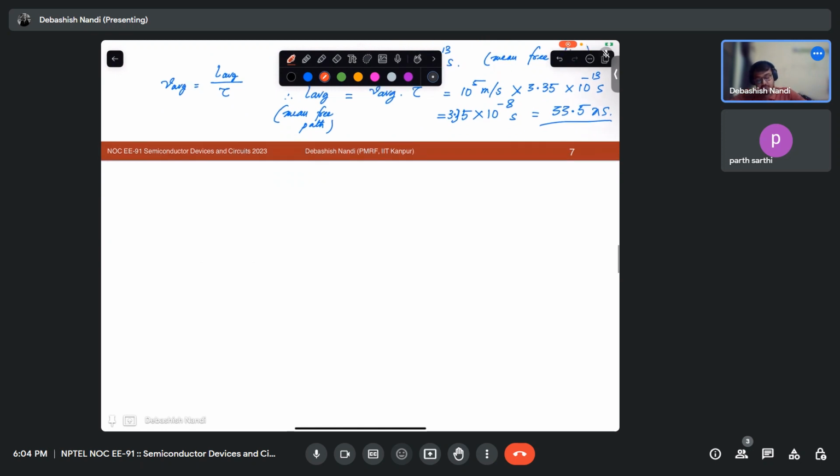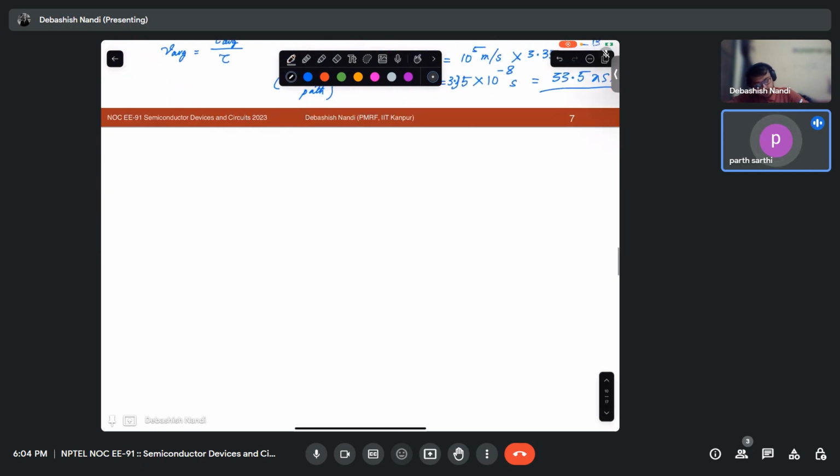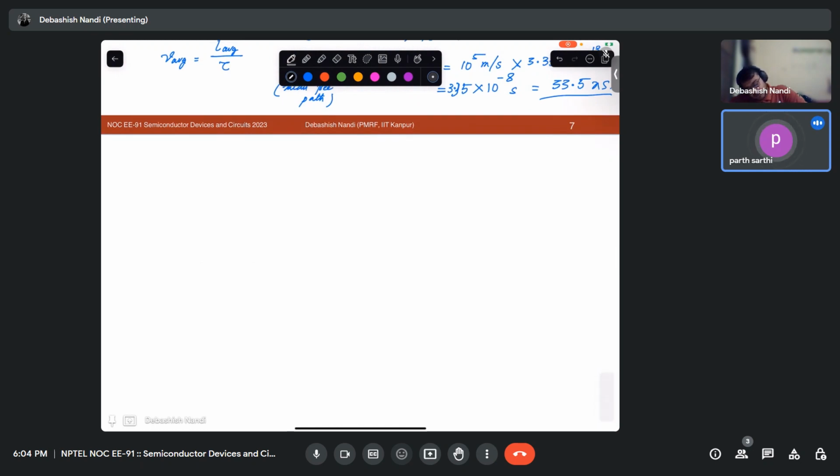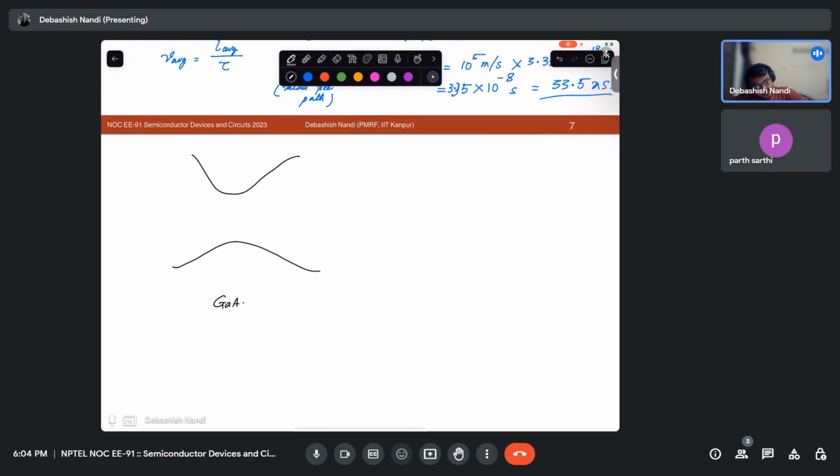Silicon has an indirect band gap, which means it needs both energy and a change of momentum to transfer. And if this is gallium arsenide, okay.